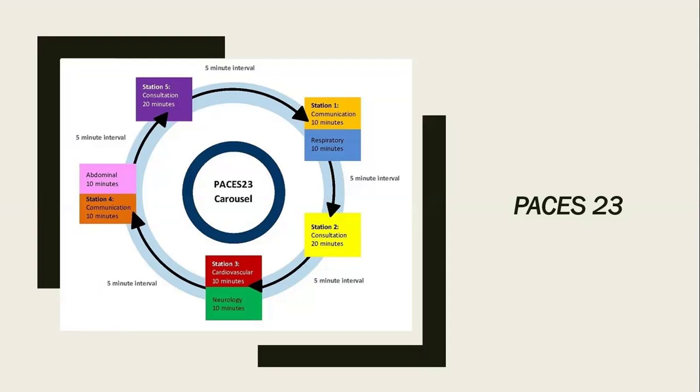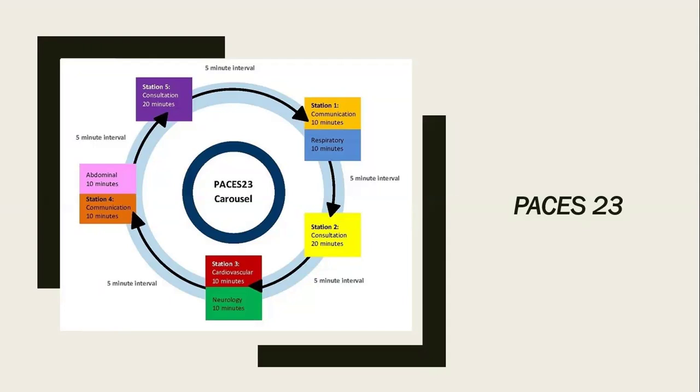Now, you need to understand this carousel very well so that you can focus on the different skills that are going to be assessed by the examiners during the exam. I always say that all these exams are just the game of nerves, and I mean it, because it's not just about the exam of your knowledge, but it's about the exam of your skills.